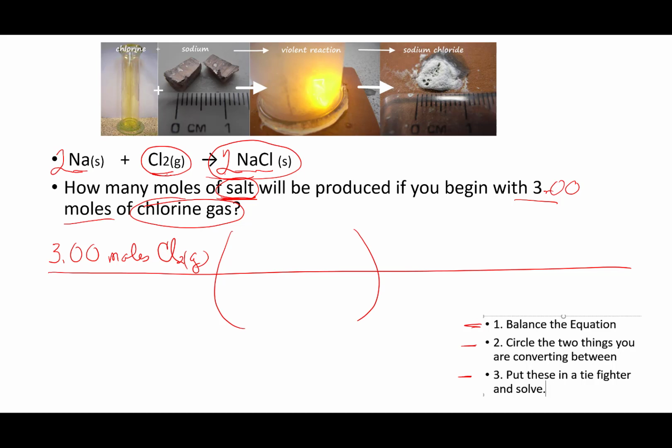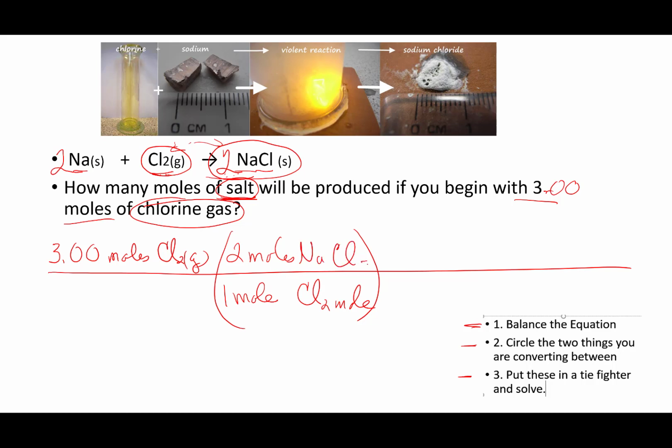So these are the 2 things we're going to use as our conversion factors. We have 1 as the coefficient in front of chlorine. We just don't typically write 1 as a coefficient. So we're going to put chlorine. This represents 1 mole of chlorine gas here for every 2 moles of sodium chloride.